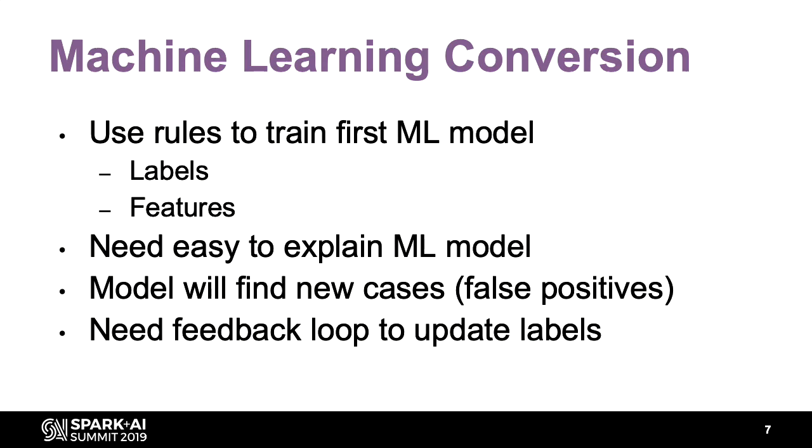But this machine learning model may potentially discover new things, and we do want a system that comes back and provides a feedback loop in terms of updating the labels. You can't assume that the machine learning model is giving you a complete picture, just like the rule-based model is not giving you a complete picture, right? So we need some sort of feedback loop in place to update our labels.